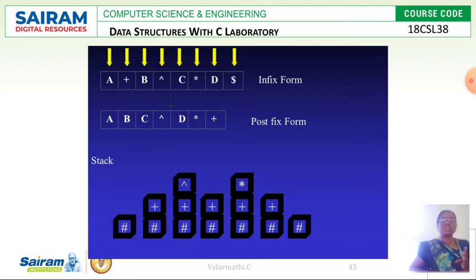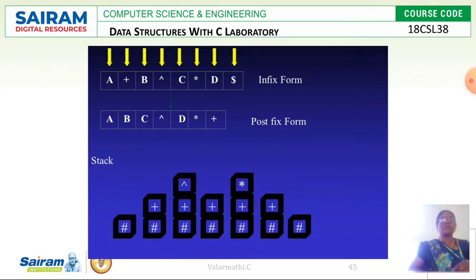Then which one is the fourth one? Power symbol. When the power symbol is read, it is treated as an operator, so it should be stored in the operator stack. When we store it, the previous operator's precedence value should be compared with the current operator. Here power has more priority than the plus symbol.